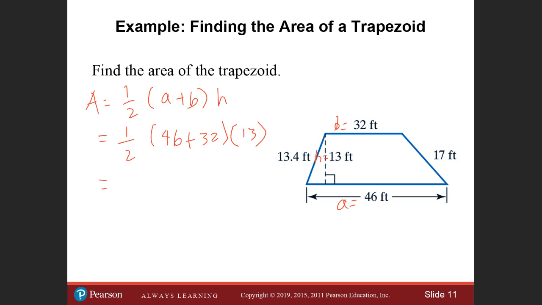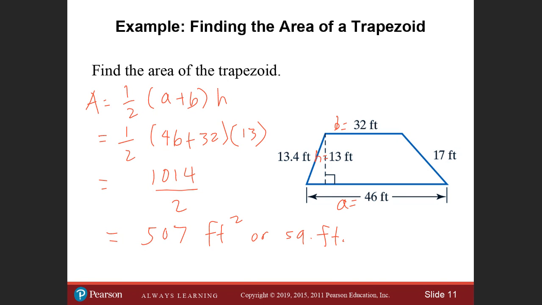Okay, so multiplying that, let's start with 46 plus 32. That's 78 times 13. It gives us 1014, divided by 2 gives us 507 feet squared, or you can say square feet.